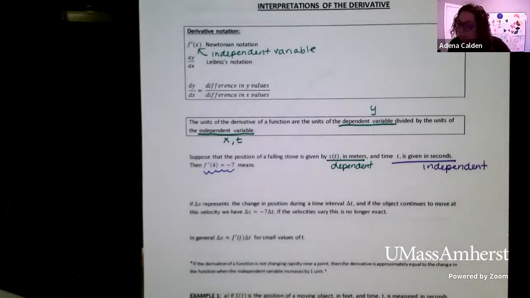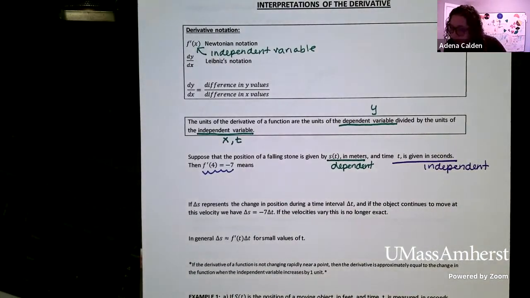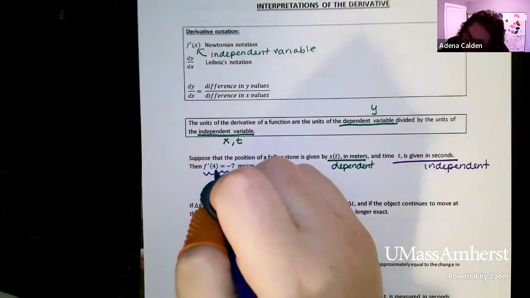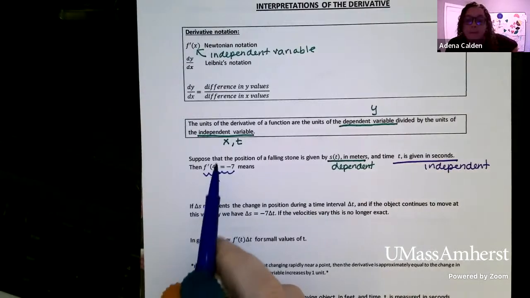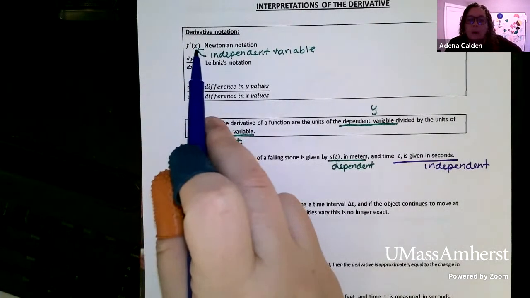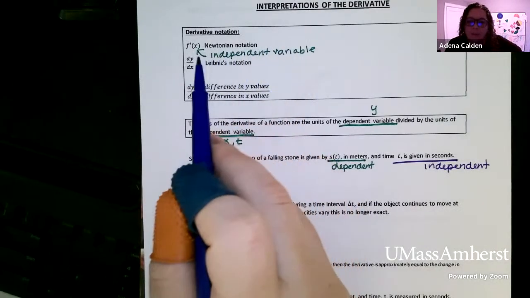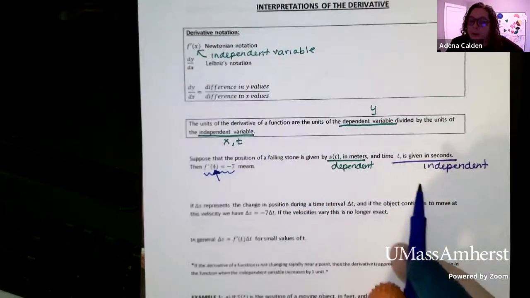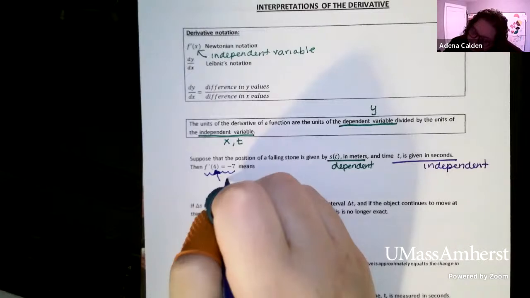Now that we've figured out those, we look back at the problem, and we start with this 4. The 4 is the number being plugged into the function, and remember, 4 is the input, which goes into the independent variable. So the input is just the units of the independent variable.